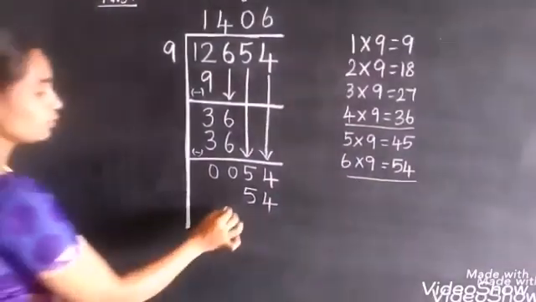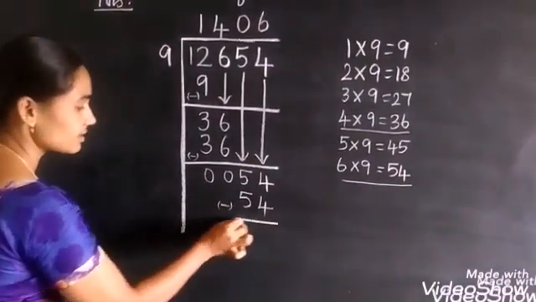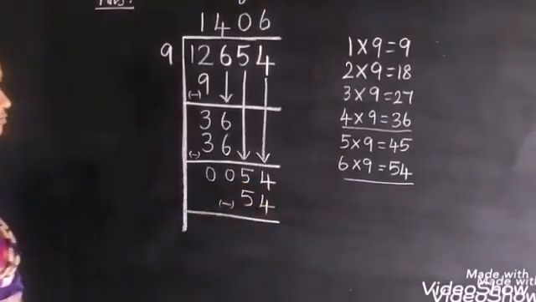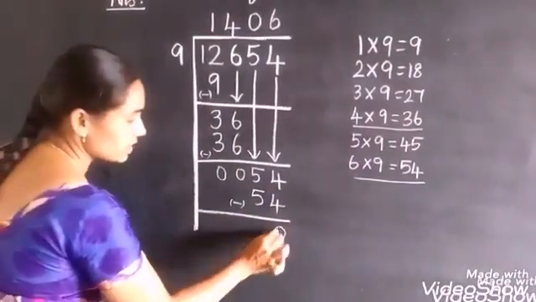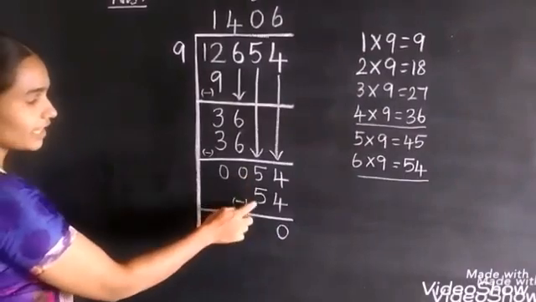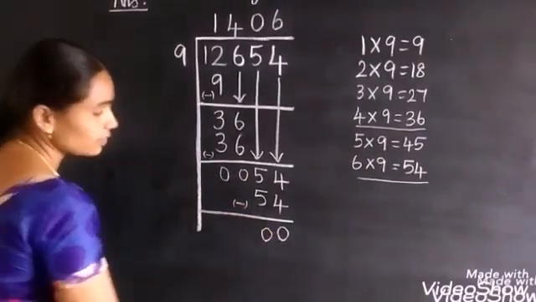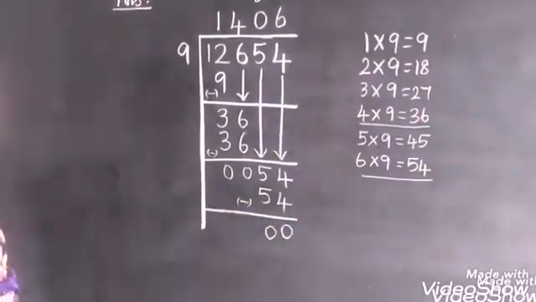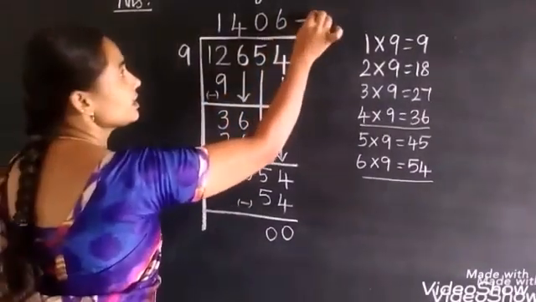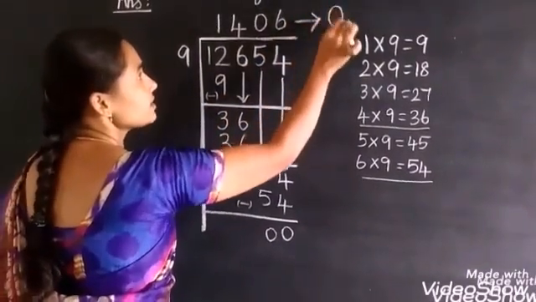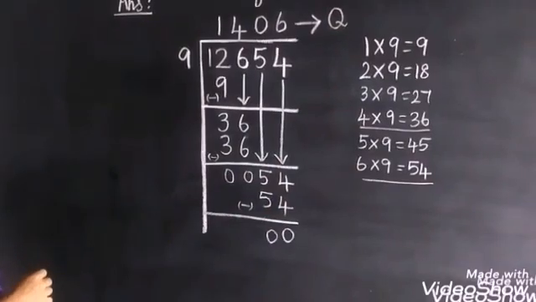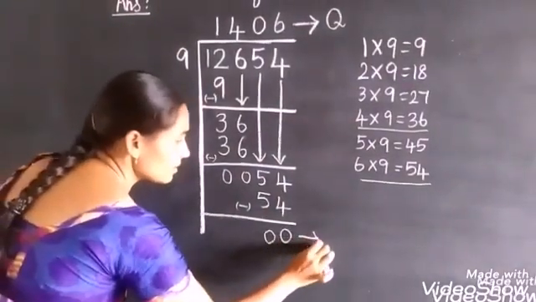Now we have to subtract this. 4 minus 4, what will come? 0. Next 5 minus 5, 0. Now what is your quotient? 1406 is your quotient and the remainder is 0.